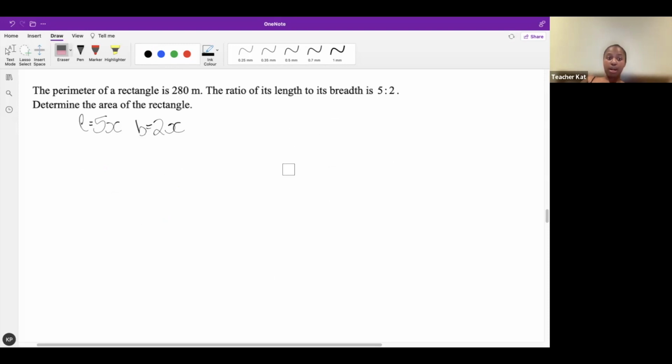Okay, how do I work out perimeter, guys? Give me my formula for perimeter of a rectangle. Perimeter, not area, be careful. But we're going to need that area one soon, so I'm going to write it here.